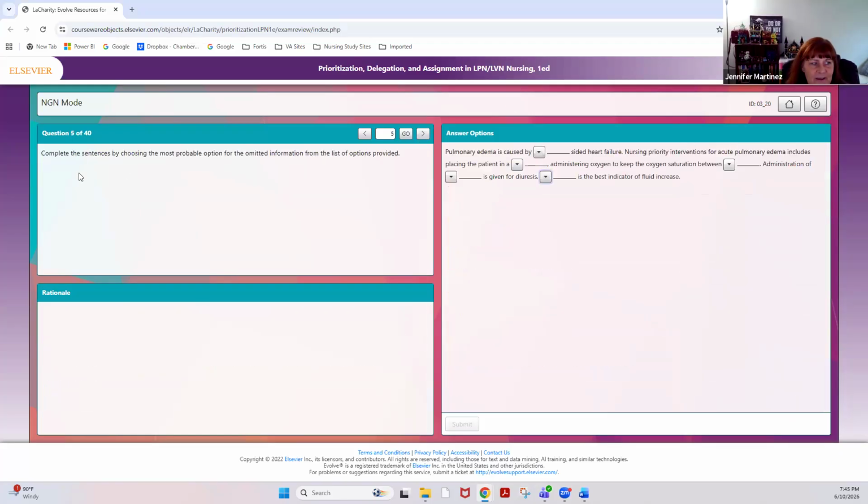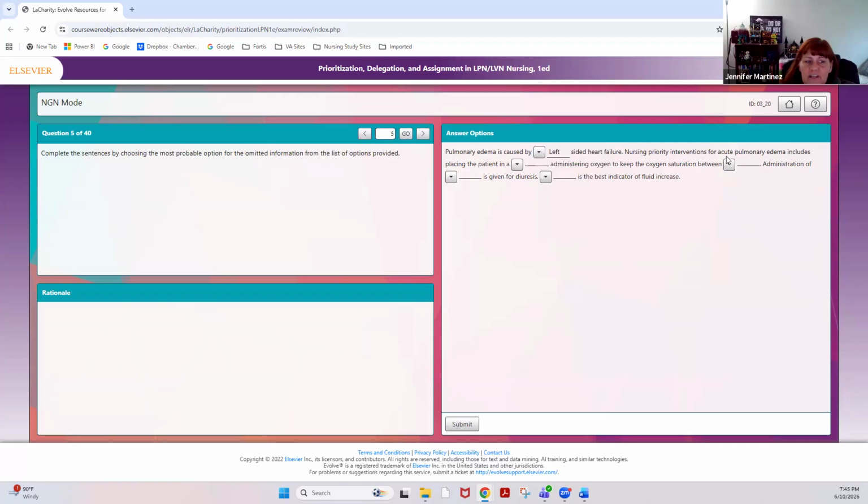All right. So complete the sentences by choosing the most probable option for the omitted information from the list of options provided. So pulmonary edema is caused by right or left-sided heart failure. Left. Okay.